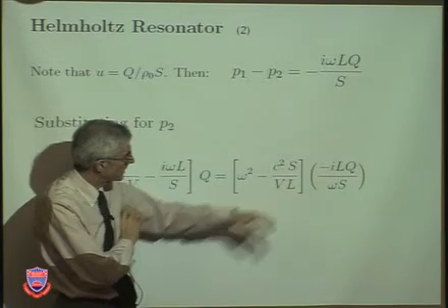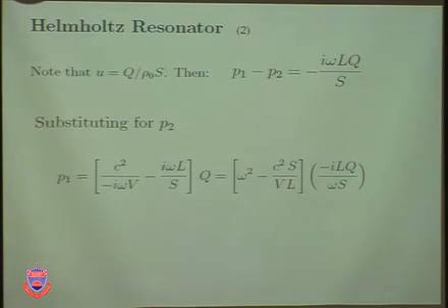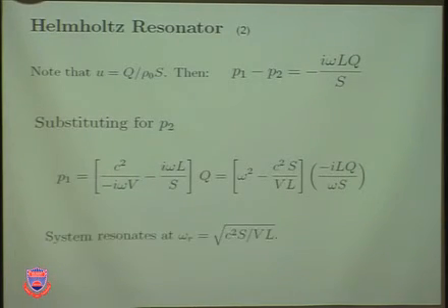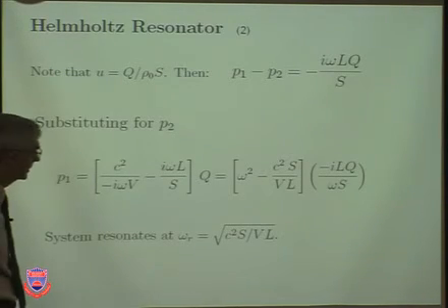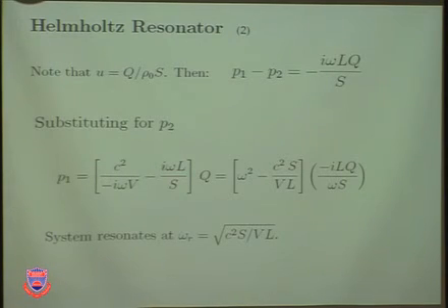The expression here, c squared S divided by VL, you can consider as a resonant frequency. And near that value, very little change in pressure will give very large mass variations.